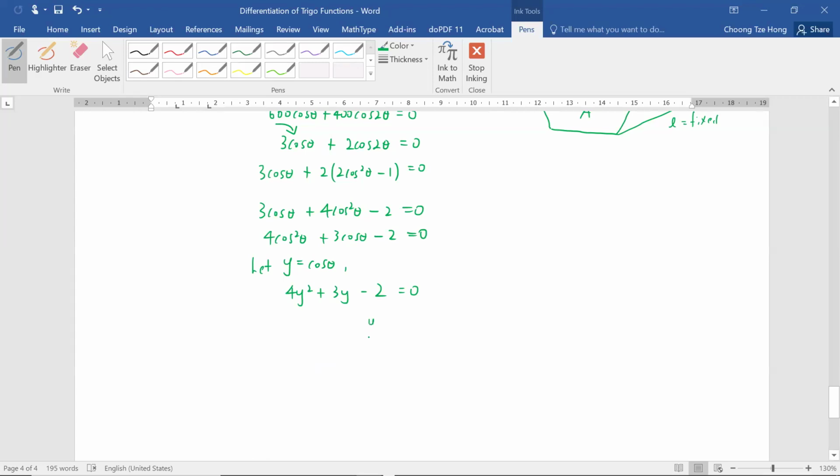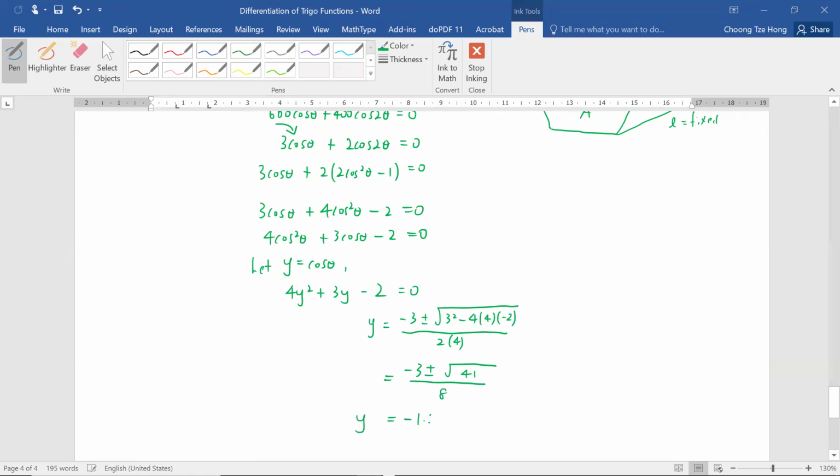So the quadratic formula: minus b, where b is now 3, plus minus square root of b square minus 4ac, over 2a. So minus 3 plus minus square root. If you calculate inside, you will get 41, over 8.